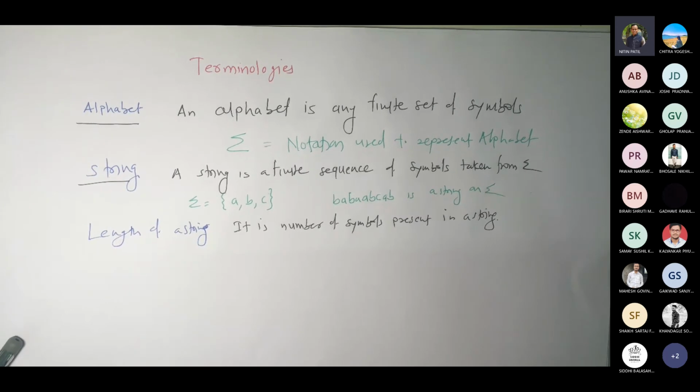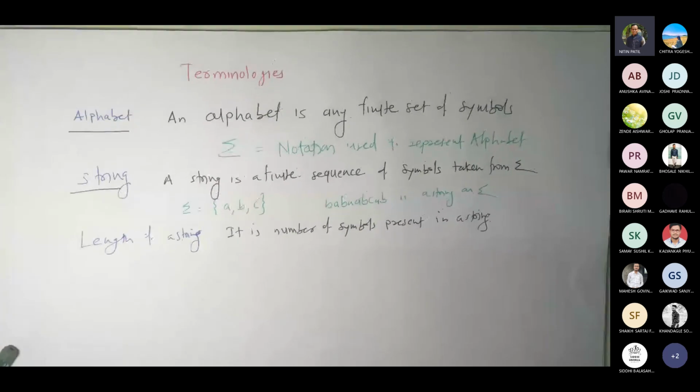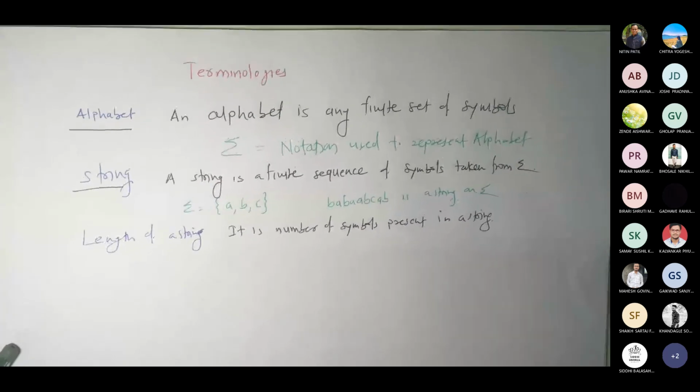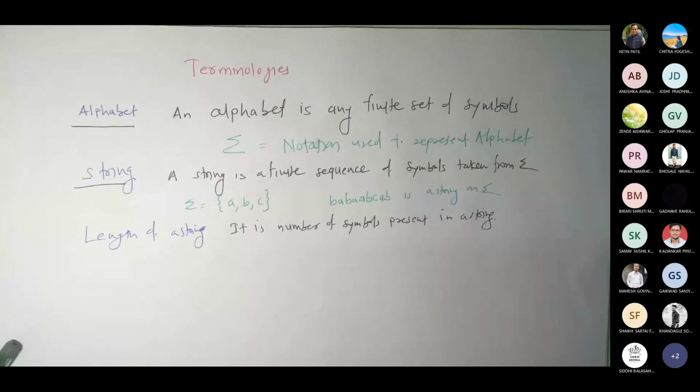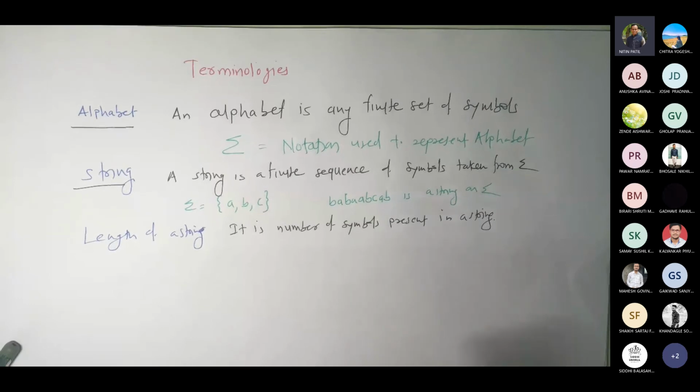So how did you identify that the words I used here are proper words? You tried finding out whether they are valid strings. If they are valid strings, then you concluded yes, that seems to be a proper statement.